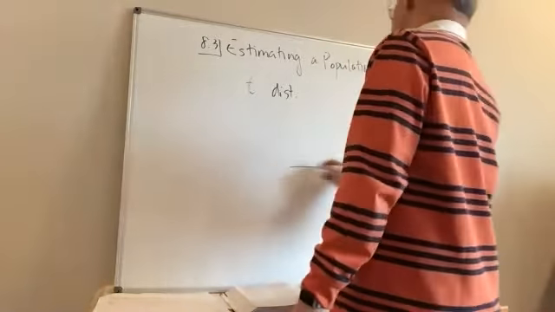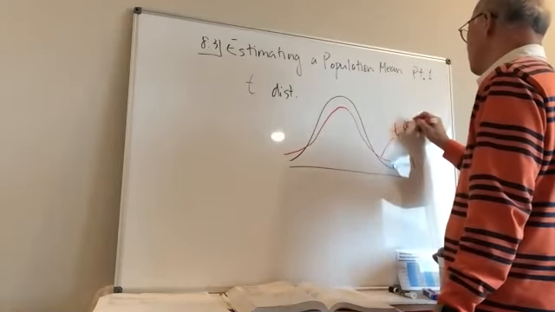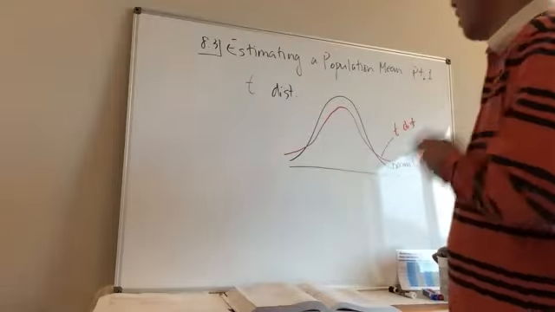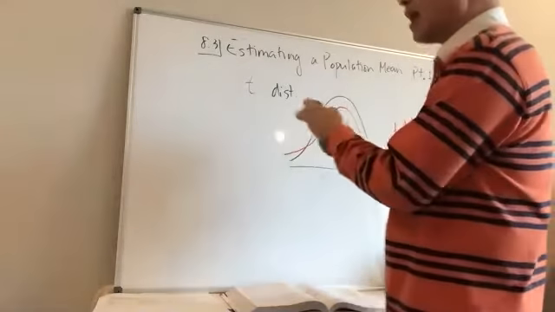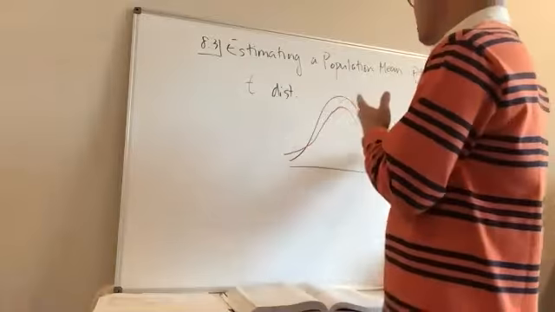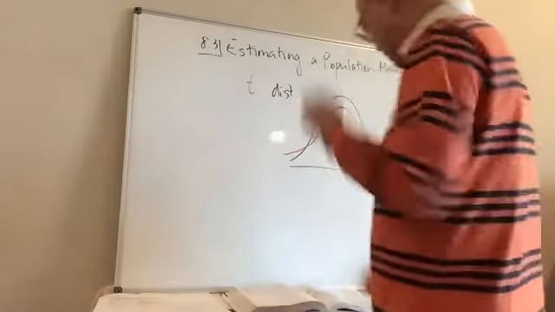This guy here is going to be your T distribution. So we're going to do the same mechanical stuff that we did before when we were doing a normal distribution, but we're just going to use a different distribution, the T distribution.